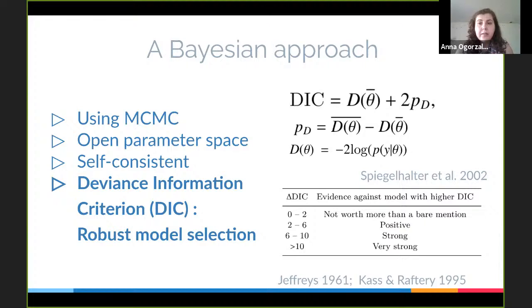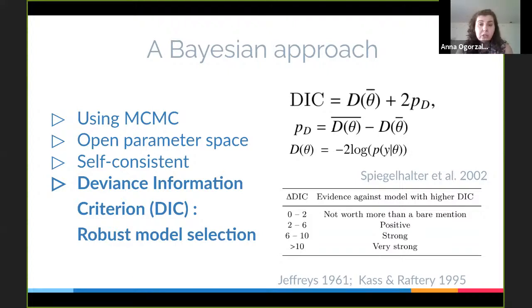So the difference of the DIC of two models, the delta DIC, is basically an approximation of the Bayes factor. And Johannes Buchner actually gave an excellent talk in session 1 of this workshop about using the Bayes factor for model selection. So I refer you, if you're interested, to see that talk for more details.